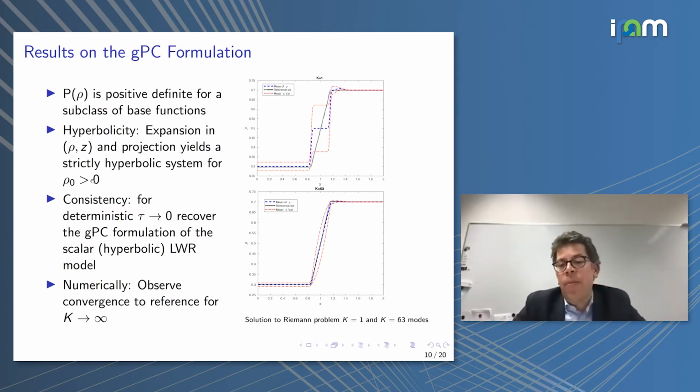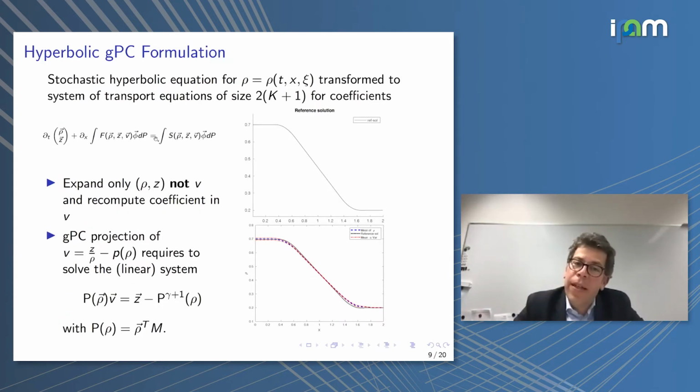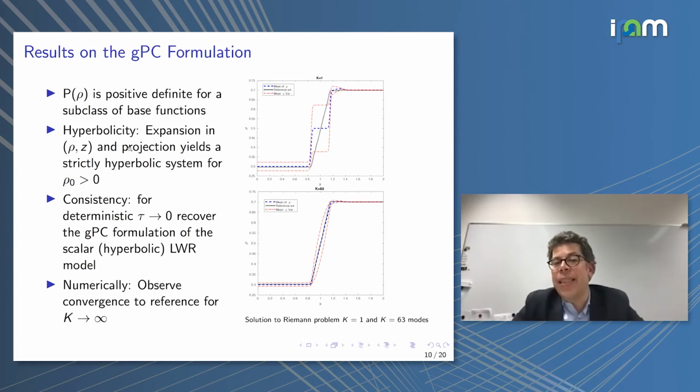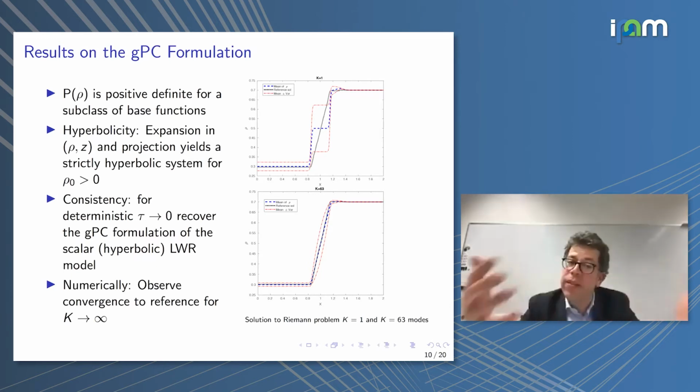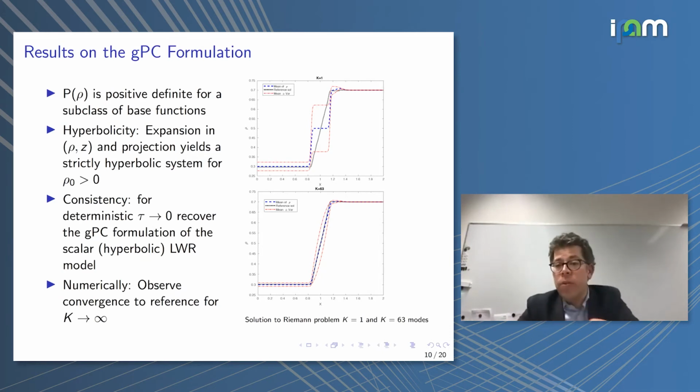And remember, initially we had a source term on the right-hand side, which does not play any role for this hyperbolicity problem, but this source term controls if the model is far away from a simpler LWR model. And so we also have a kind of consistency, so that if rho is deterministic and the uncertainty is only in the initial data, then you converge to the LWR model.